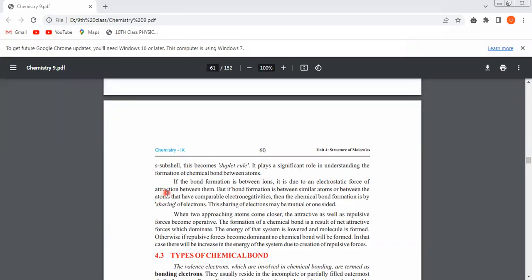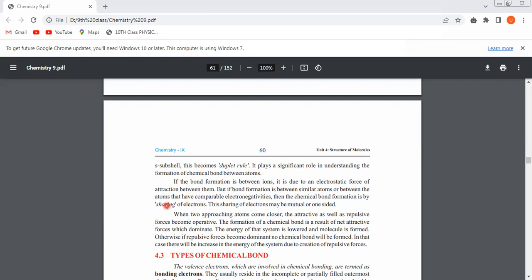If the bond formation is between ions, it is due to an electrostatic force of attraction between them. But if bond formation is between similar atoms or between atoms that have comparable electronegativities, then the chemical bond forms by sharing of electrons. This sharing of electrons may be mutual or one-sided.